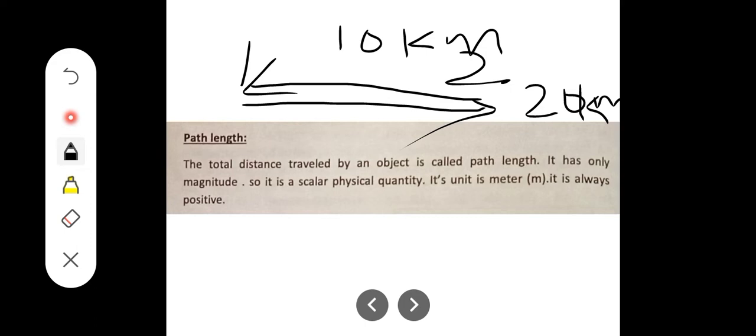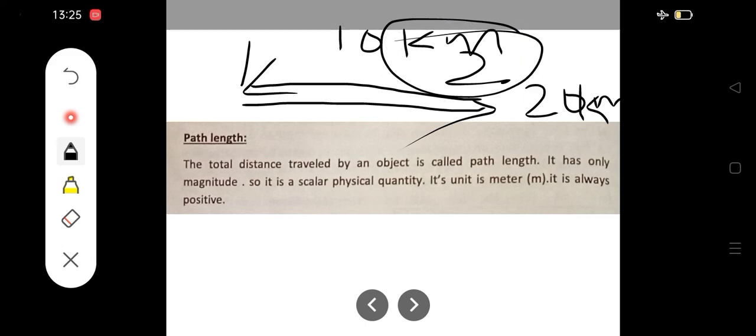Physical quantities are of two types. We can understand it later in another chapter. For the time being, just remember that a physical quantity having only magnitude and unit is called a scalar physical quantity. That is why path length is a scalar physical quantity, and its unit is meter or kilometer. Here we considered kilometer, and the standard unit is meter.